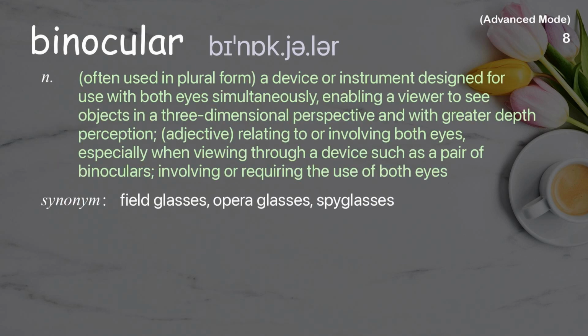Binocular. Often used in plural form, a device or instrument designed for use with both eyes simultaneously, enabling a viewer to see objects in a three-dimensional perspective and with greater depth perception. Adjective, relating to or involving both eyes, especially when viewing through a device such as a pair of binoculars, involving or requiring the use of both eyes.